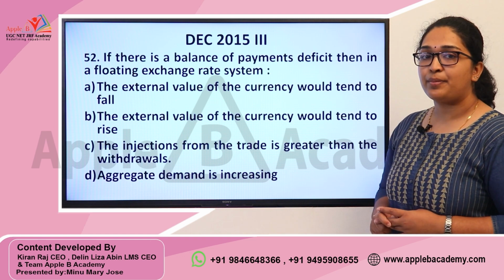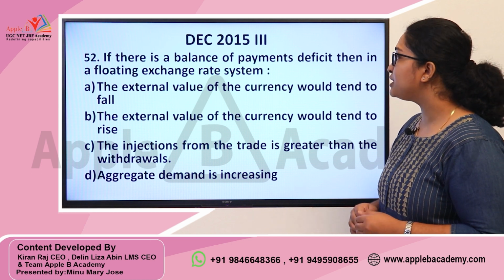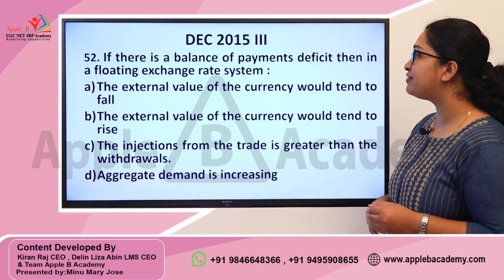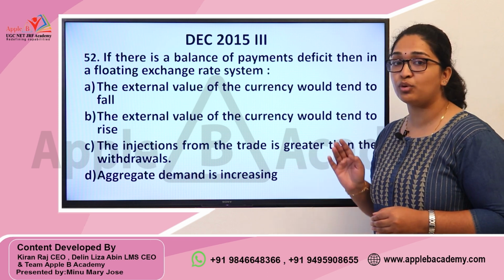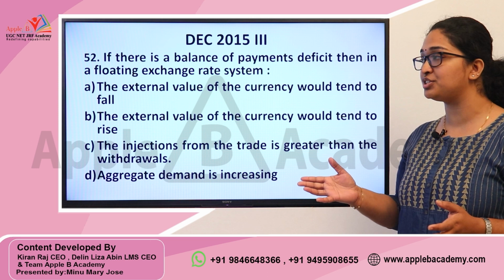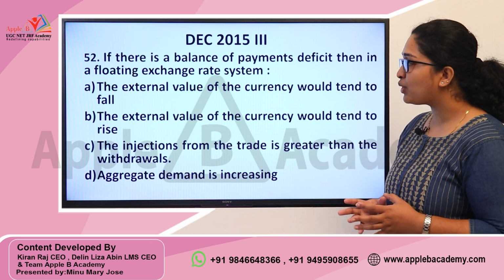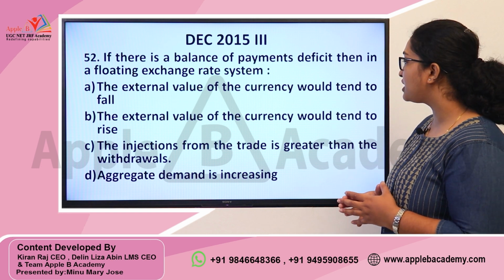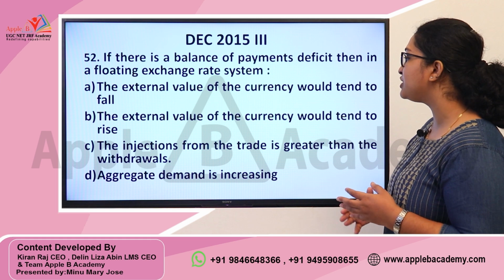The next question is from December 2015, paper 3. The question is, if there is a balance of payments deficit in a floating exchange rate system. Suppose there is a BOP deficit in a floating exchange rate system or a free exchange rate system, how will the BOP be corrected? We have 4 options. A, the external value of the currency would tend to fall. B, the external value of the currency would tend to rise.